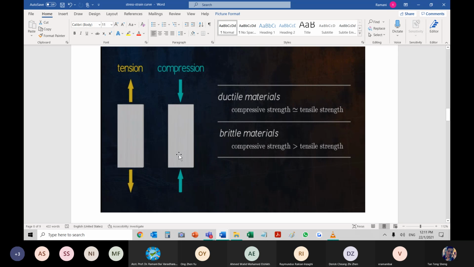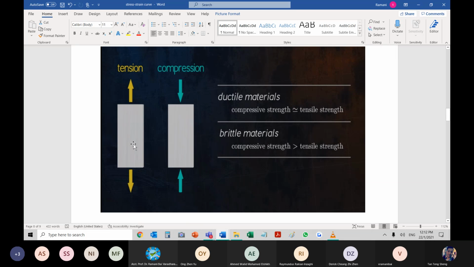Compressive strength will be more. For example, concrete, slate, brick, they are all brittle. Once you apply a tensile stress, it cannot bear it. It will break immediately. Brittle material cannot be elongated, cannot be shortened, but it will get broken for a given loading. It can bear a compressive stress to some extent, but it cannot be elongated.